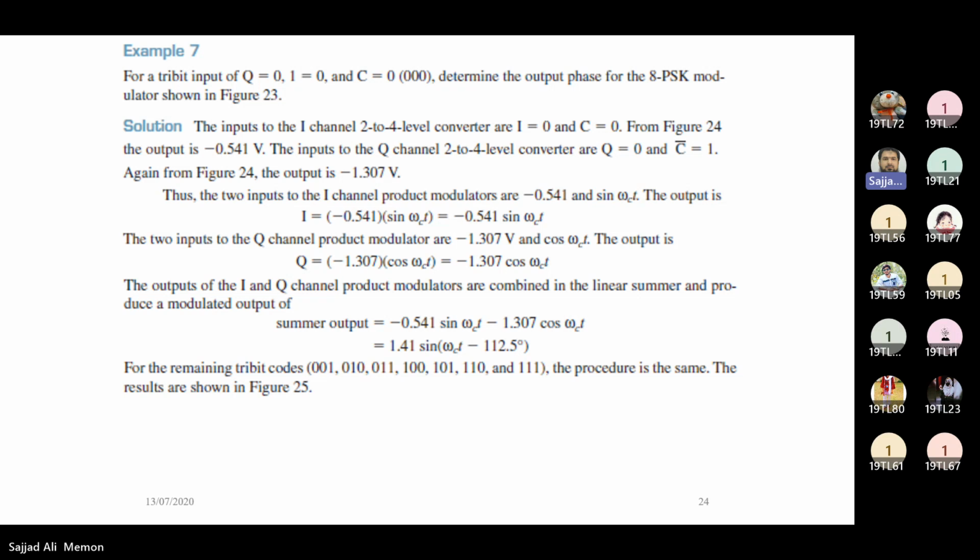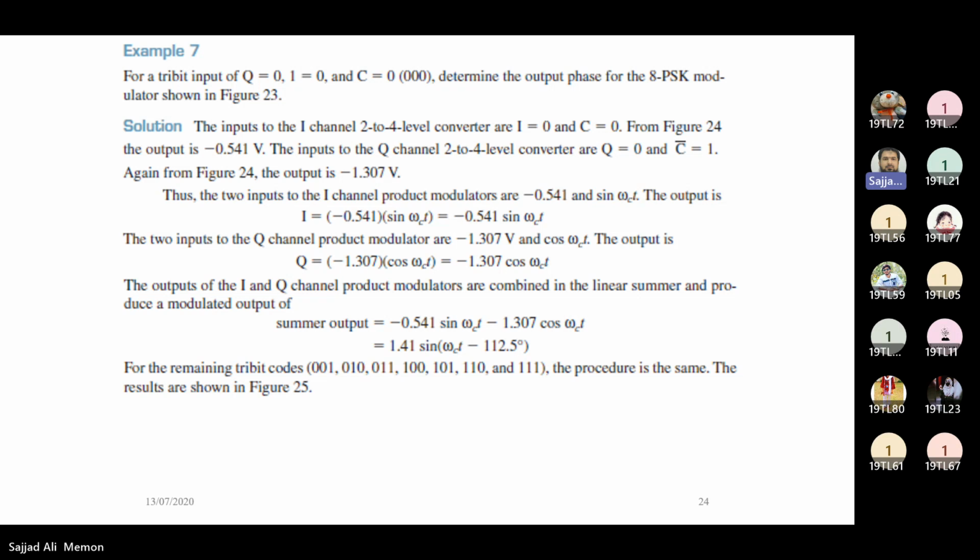Thus, the two inputs to the I channel product modulator are minus 0.541 and sine omega ct. The output is minus 0.541 sine omega ct. Similarly, the Q channel output is minus 1.307 cos omega ct. When we combine them, that will be equal to minus 0.541 sine omega ct minus 1.307 cos omega ct.